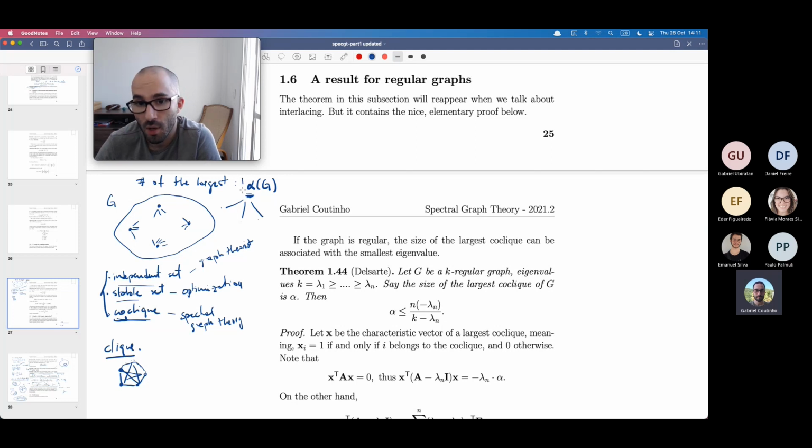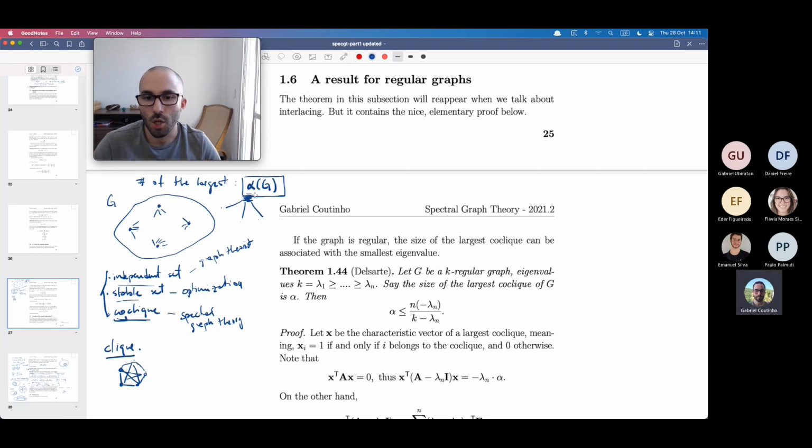Now, this parameter is very difficult to compute, meaning that if I give you a randomly generated graph with 3,000 vertices, most likely you will never know what is alpha of G, because the complexity of computing this thing exactly rises exponentially with regards to the size of the graph.